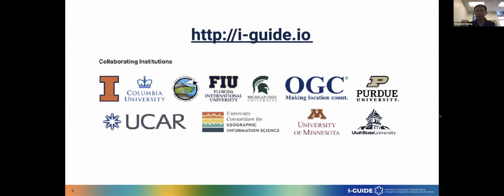We have 11 collaborating institutions, including both Eric's, University of Minnesota, and UIUC, which is our leading institution. I'm serving as the director and the principal investigator. You might go to the link at the top of the slide, i-guide.io, to get to know more about the project.